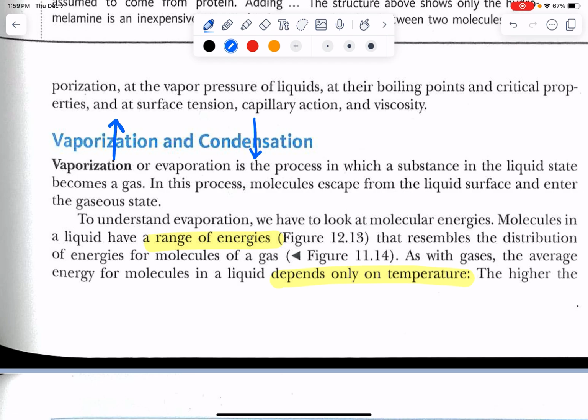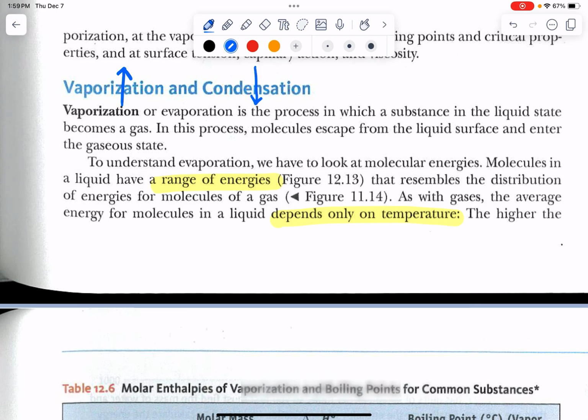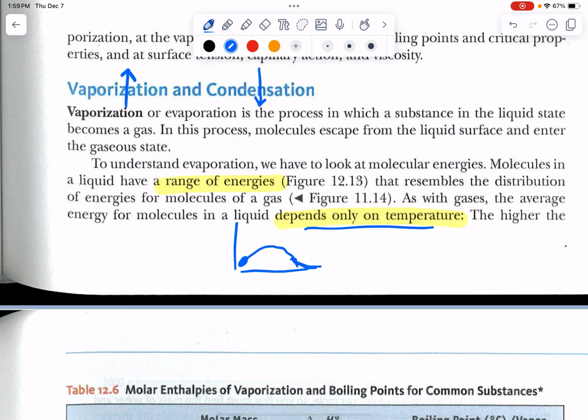Also, we're going to recognize that, as with gases, the average energy for the molecules in a liquid depends only on the temperature. And as you might expect from previous discussions, if we were to graph this, we're going to find a curve, and that this should probably approach the x-axis, but you're going to have some particles down here that have very slow speeds, and some particles way up at this end that are going at very, very rapid speeds.